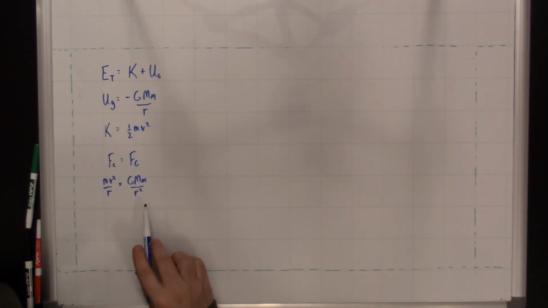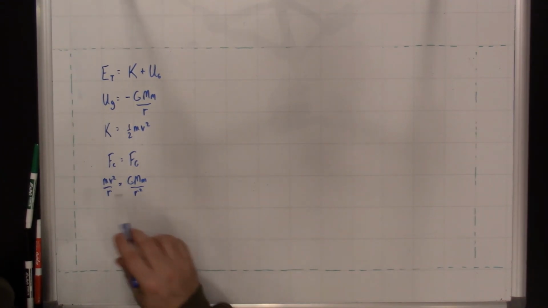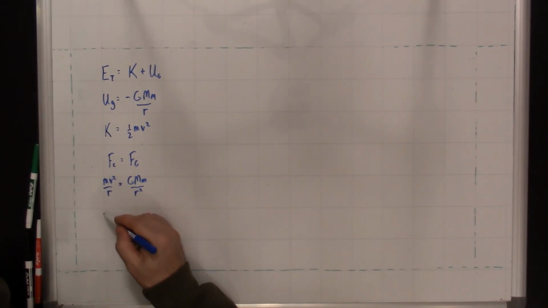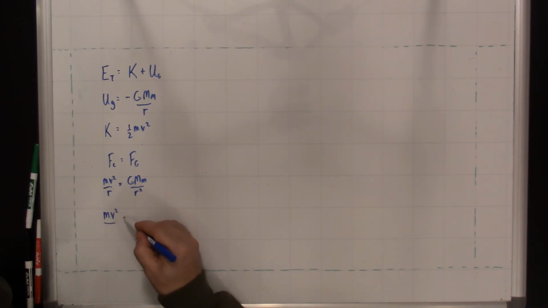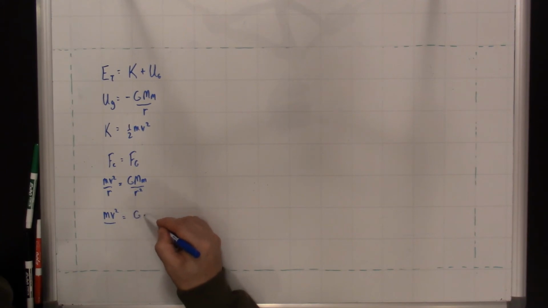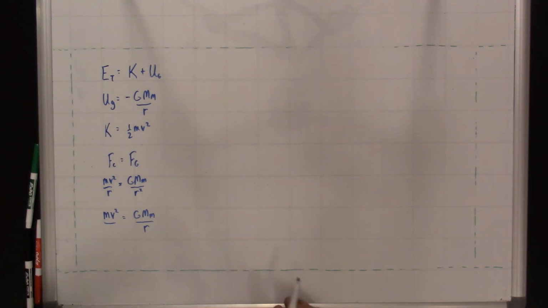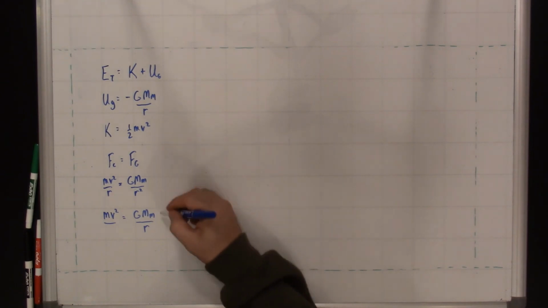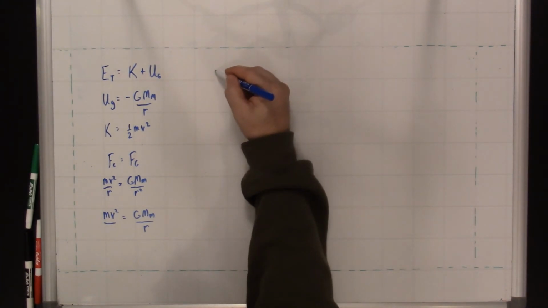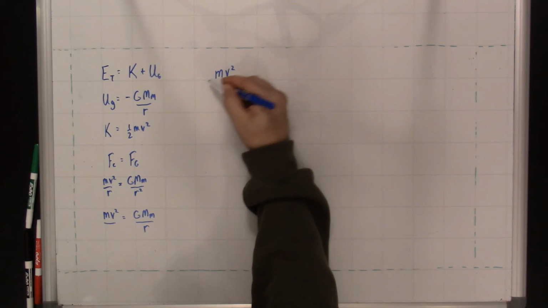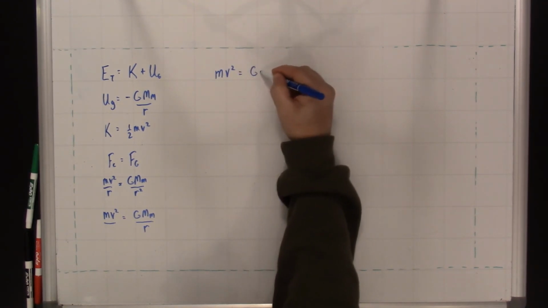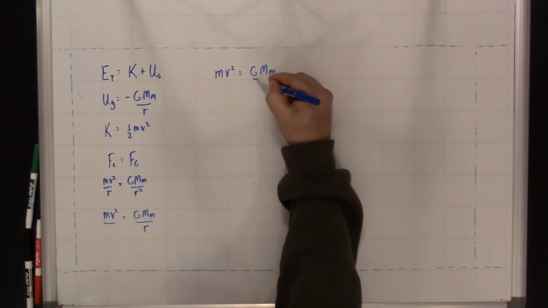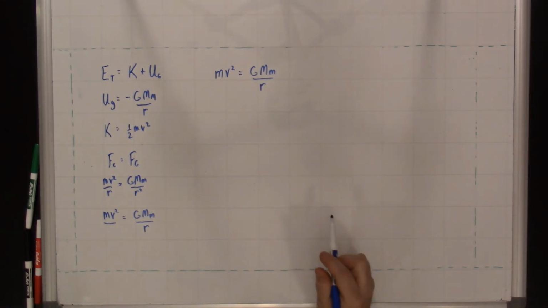Now if we let one of these r's go, we cancel them, we end up with an expression that looks like this: mv squared is equal to GMm over r. Now these look very familiar, so let me come up here and rewrite this. I have mv squared on the left side is equal to G big M little m all over r.